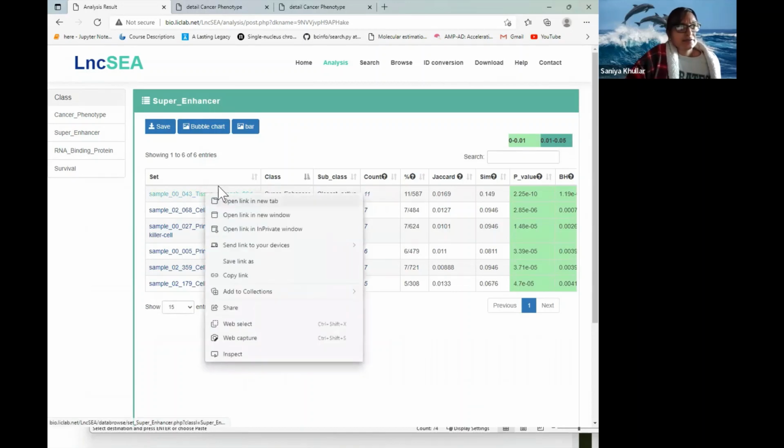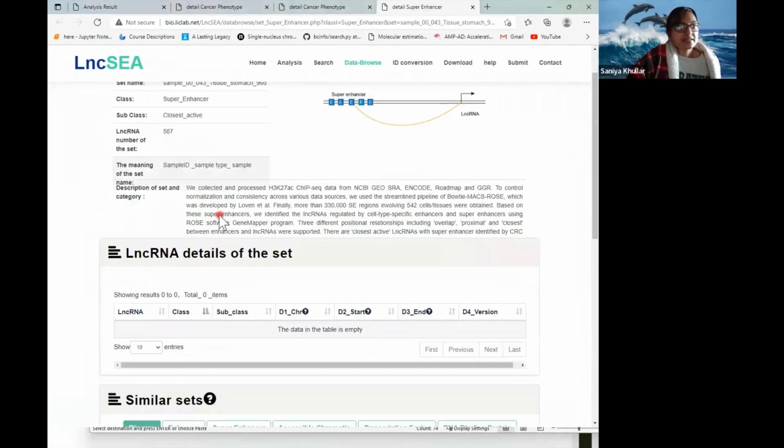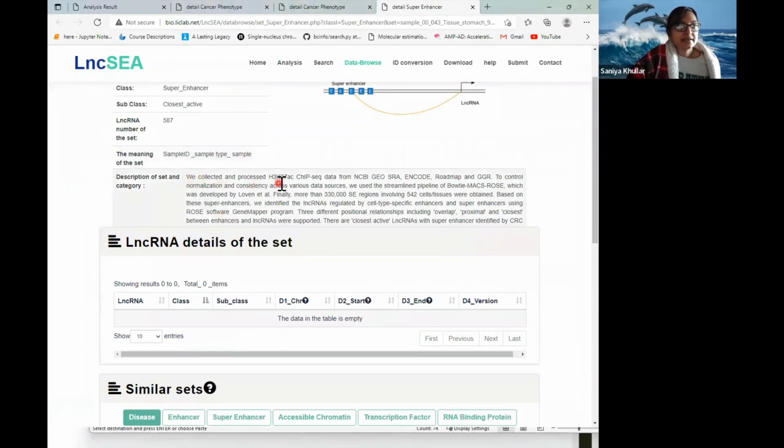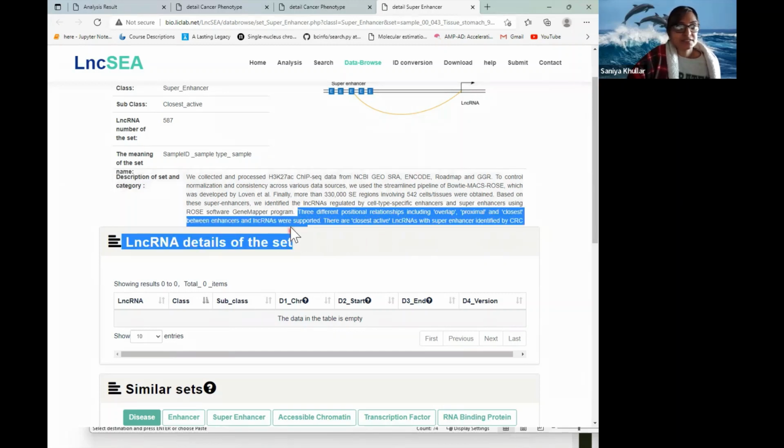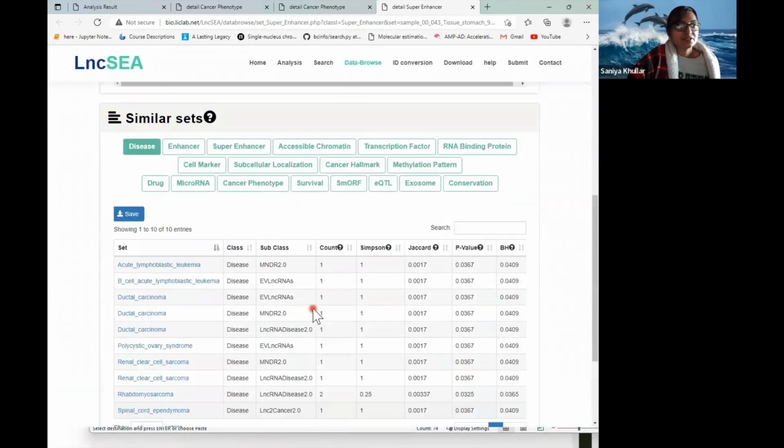I'm not too sure about the super enhancers, but I think from the data set, it says that they have processed and collected this ChIP-seq data from NCBI GEO, SRA, and Roadmap. They look at 3 different positional relationships, like overlap, proximal, and closest, between enhancers and lncRNAs. And there are closest active lncRNAs with super enhancer identified by CRC. So there's quite a lot more information here.